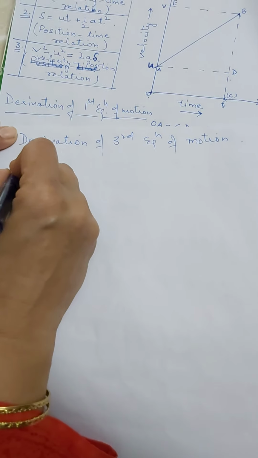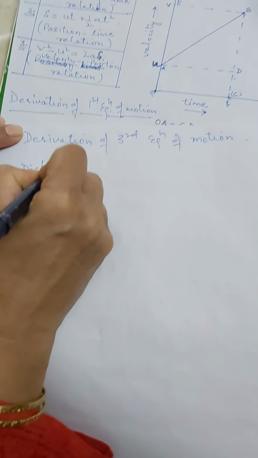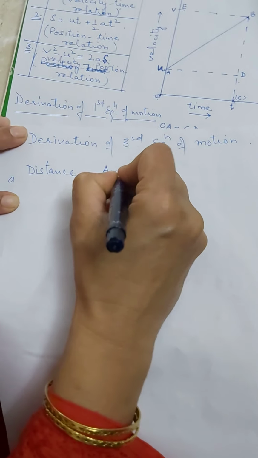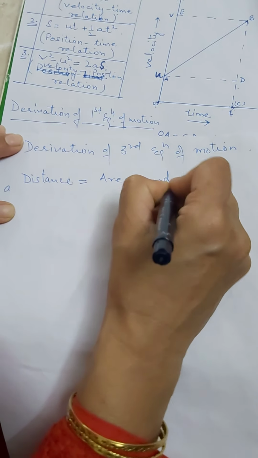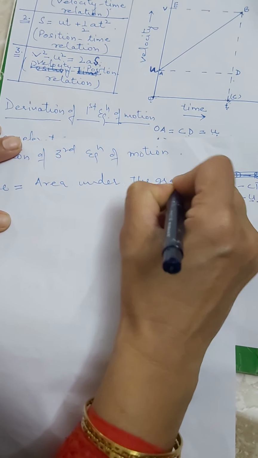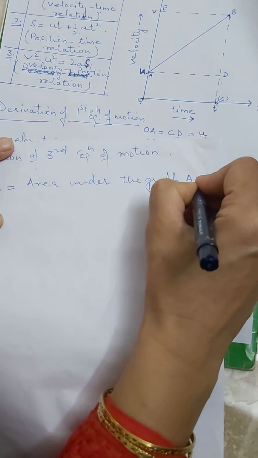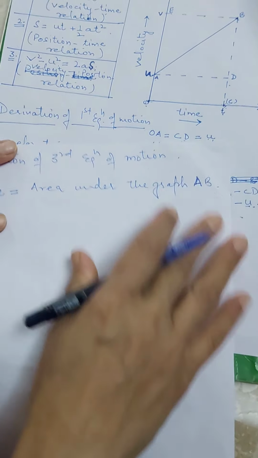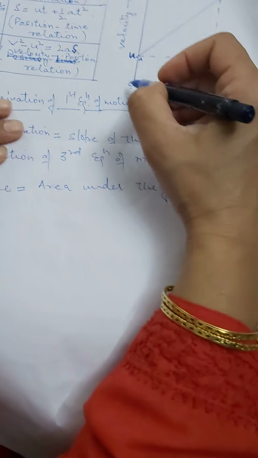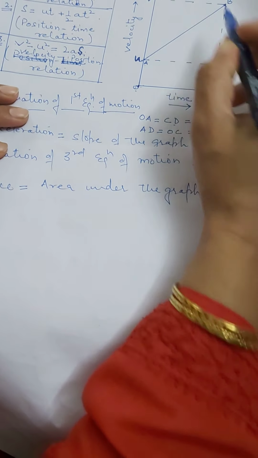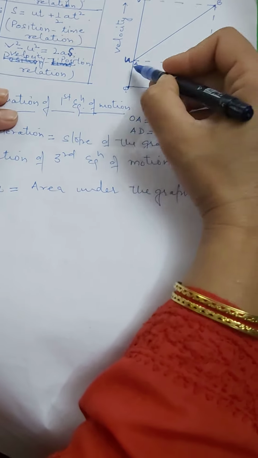Again we have distance in it, so we have to start with distance. Distance is area under the graph AB. Area under the graph is again OABC.